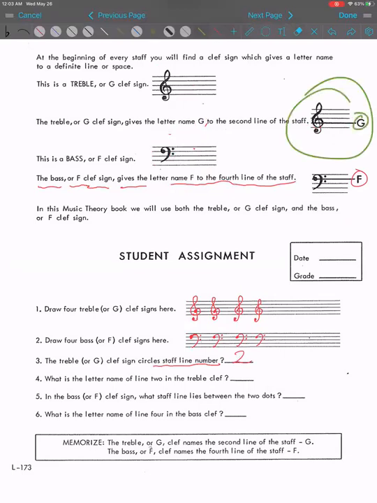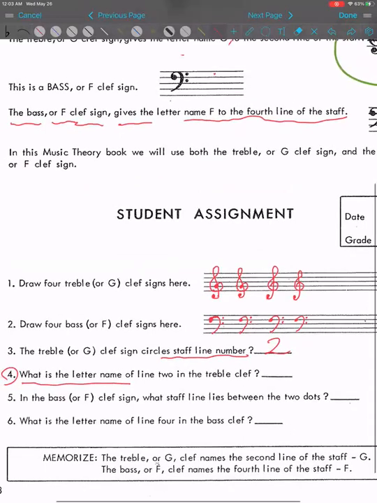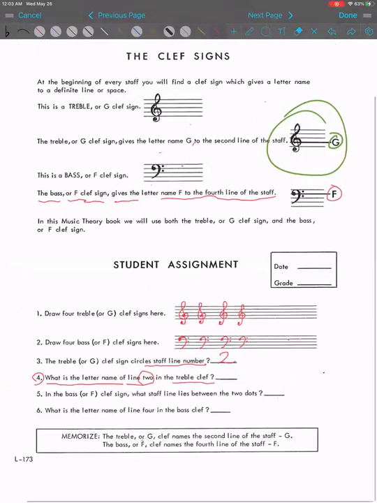It's circling the second line. So number 4, what is the letter name of line 2 in the treble clef? So second line here, the name of the note will be G, because it's G clef, right?